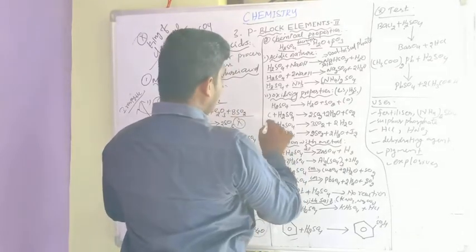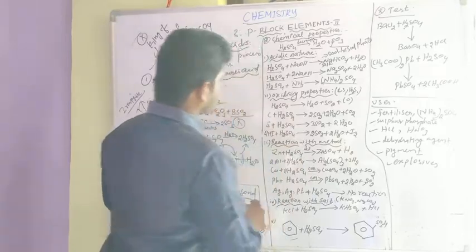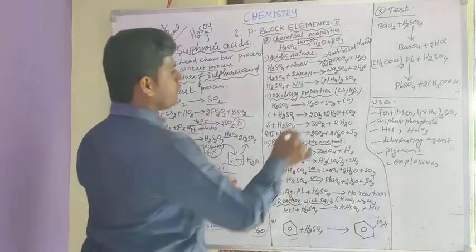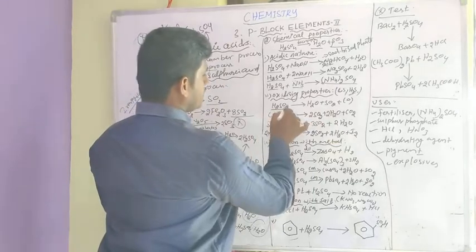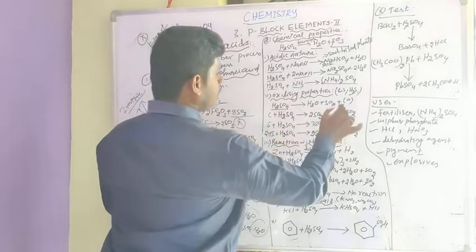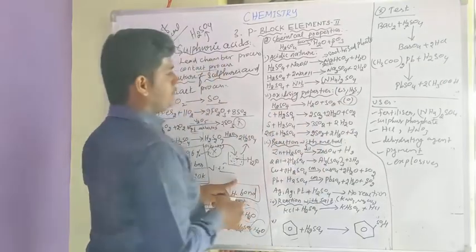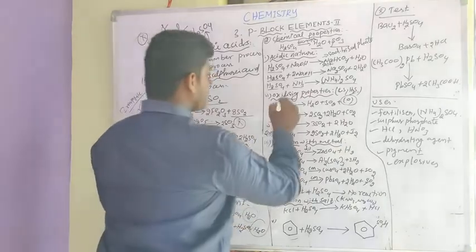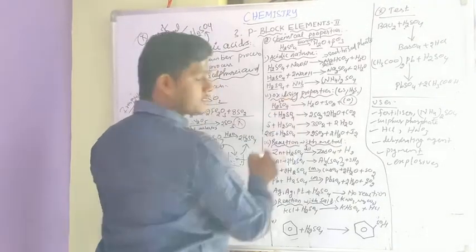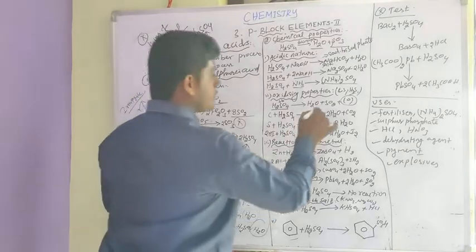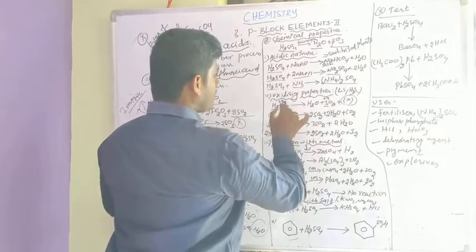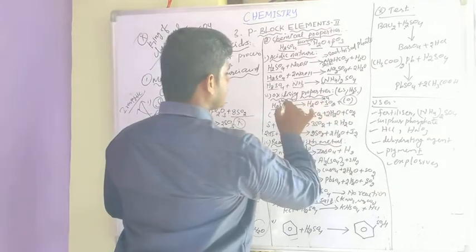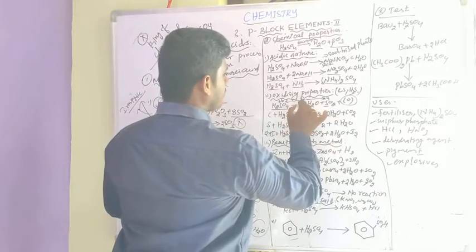Hydrogen iodide reacts with sulfuric acid to form another compound. Sulfuric acid shows its oxidizing property by producing oxygen. Here sulfur is in the +6 oxidation state, and here it acts in the +4 oxidation state. So +6 to +4, a decrease in oxidation number, is called reduction.